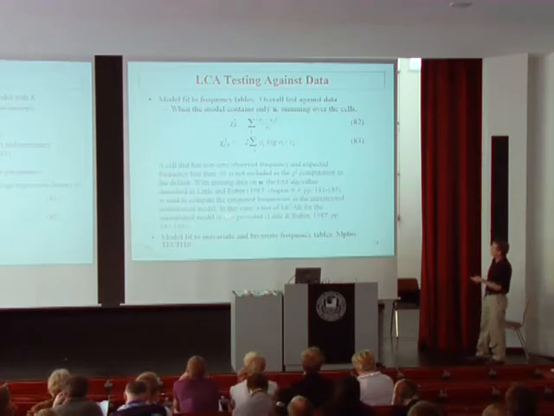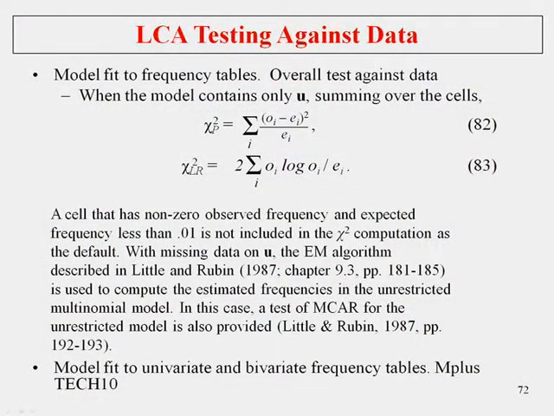The rest of this text you can ignore, but it just says that we can do this estimation and testing also when some of the indicators have missing data. And we will also see shortly that these chi-square tests for the frequency tables have shortcomings, and in those cases we can rely on model fit to univariate and bivariate frequency tables.